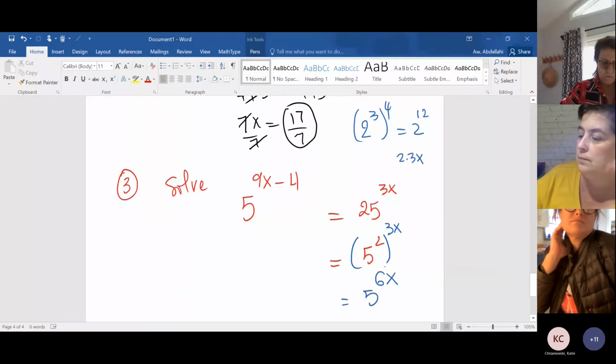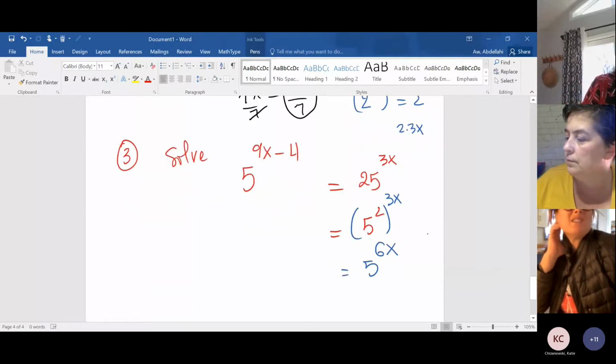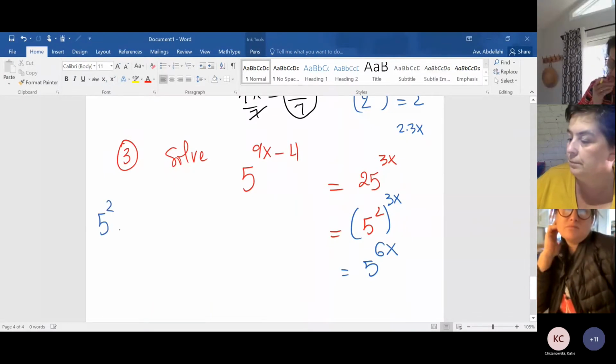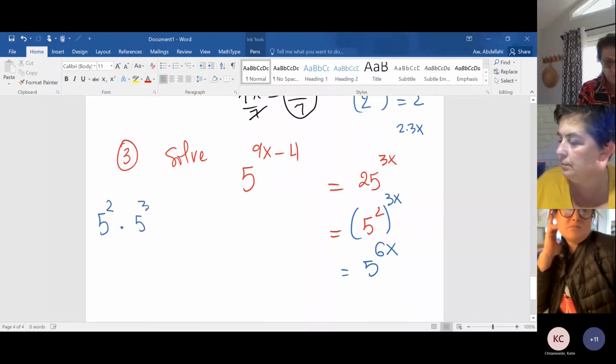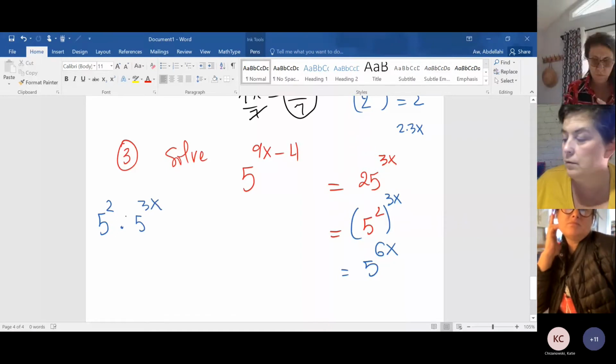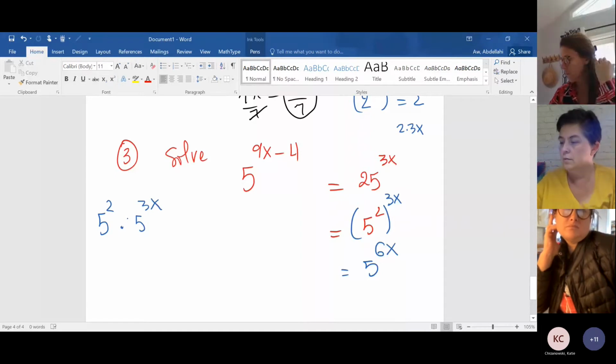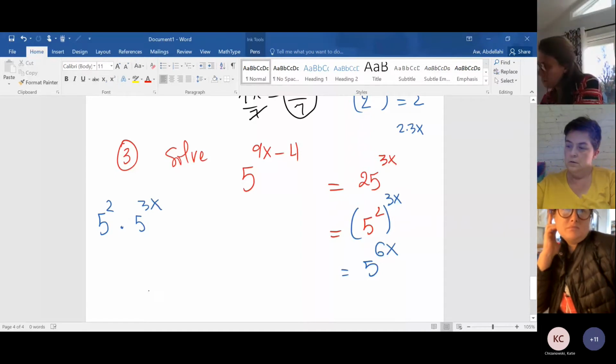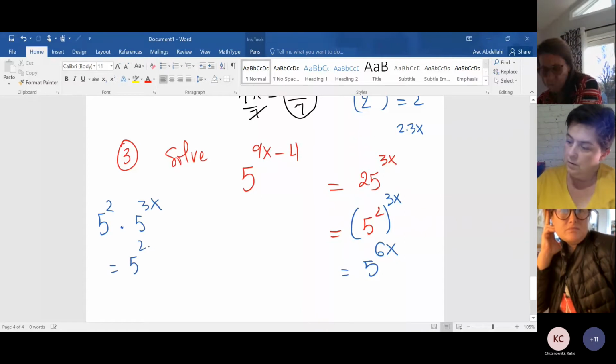Why isn't the square at the same level as the 3x? Like, why wouldn't it be 3x plus 2? No, it would be 3x plus 2 if it was 5 squared on one hand times 5 to the 3x. That is very different, right? Then you would add them. If you have the same base multiplied, you would do 5 to 2 plus 3x.